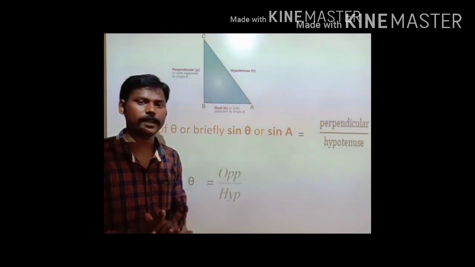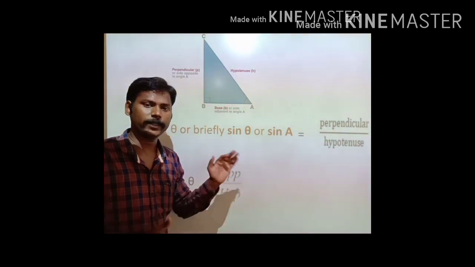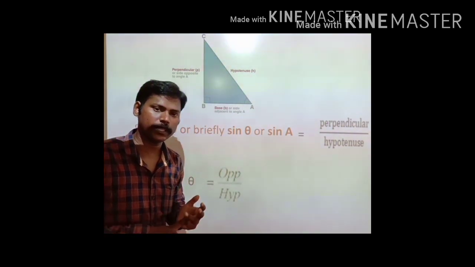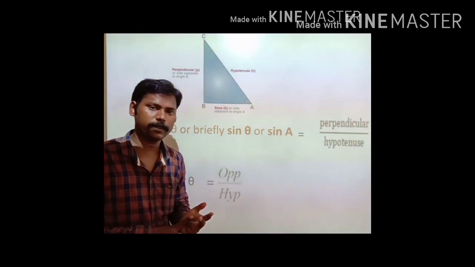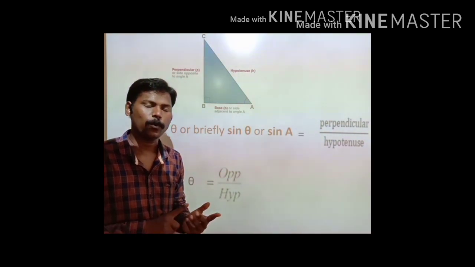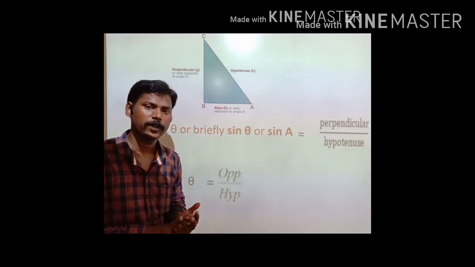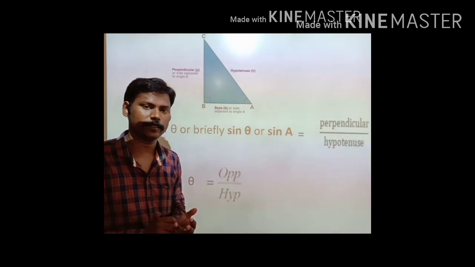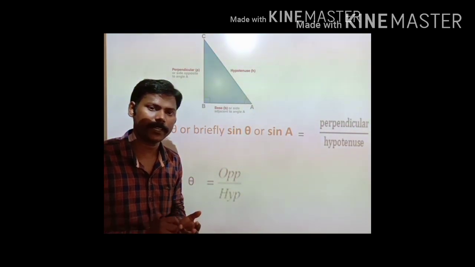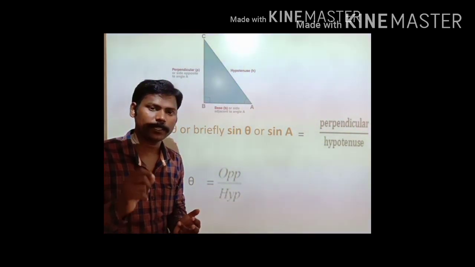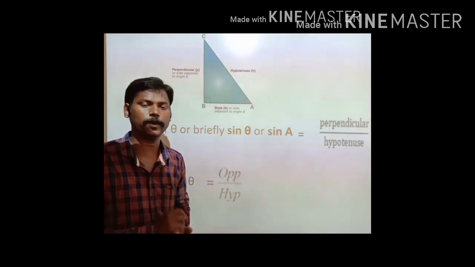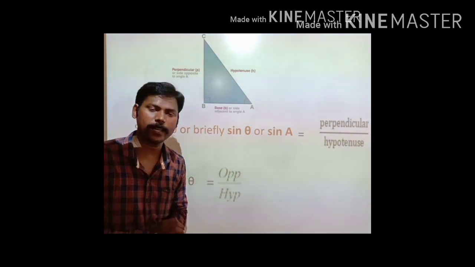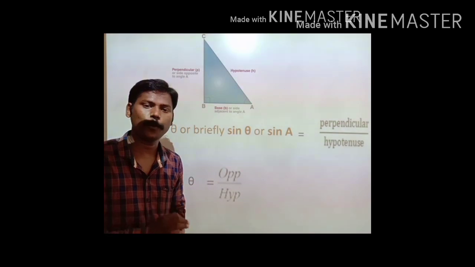Understanding? Once again, remember all of you. In any right angle triangle, we define 3 sides: opposite side, base side, hypotenuse side. What is the opposite side? Whichever angle we consider at the vertex, the side opposite to it is called the perpendicular side or opposite side.